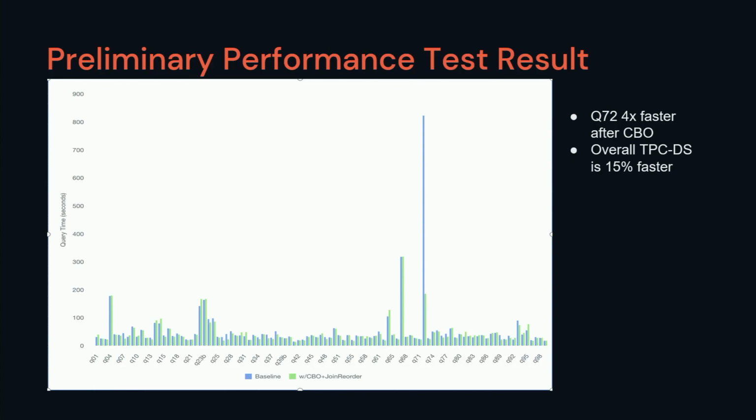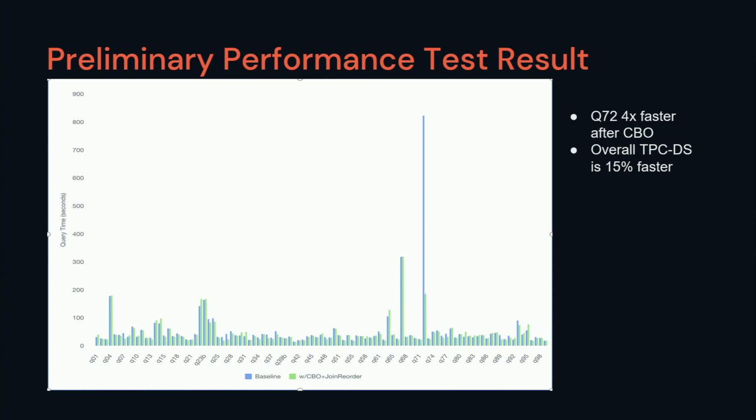So here's a very quick overview. I know it's a little crowded because there are a lot of queries in TPC-DS. Let's see, yeah, it should be somewhat visible. The blue line is the baseline, and the green line is after we turned on data source V2 stats, the cost-based optimizer, and join reordering.